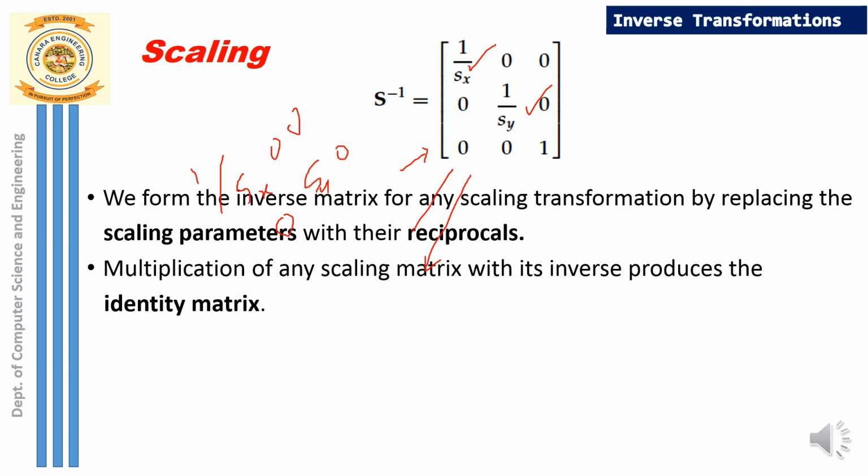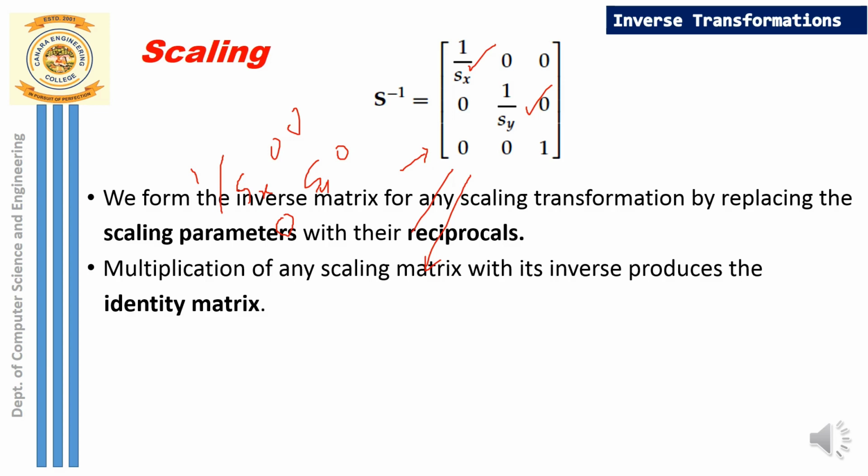So we have one more term: multiplication of any scaling matrix with its inverse produces the identity matrix. It can be any matrix, translation matrix or scaling matrix or rotation matrix. All these inverse matrices, if you multiply them with the original matrix, it produces the identity.